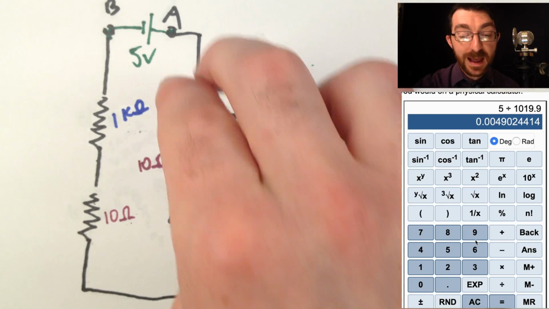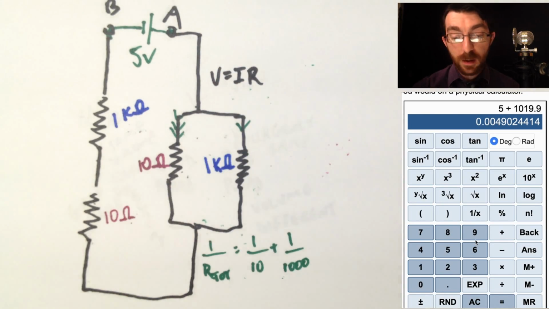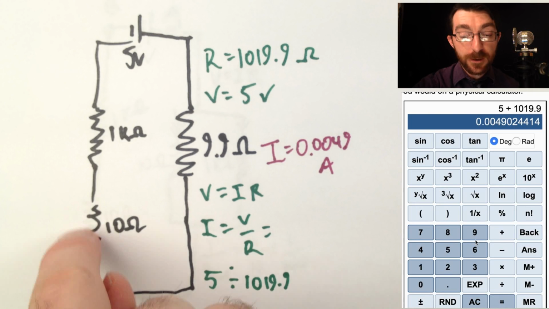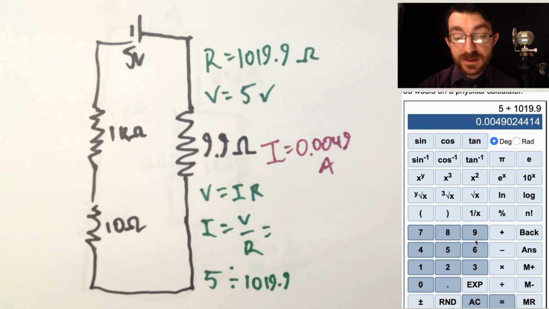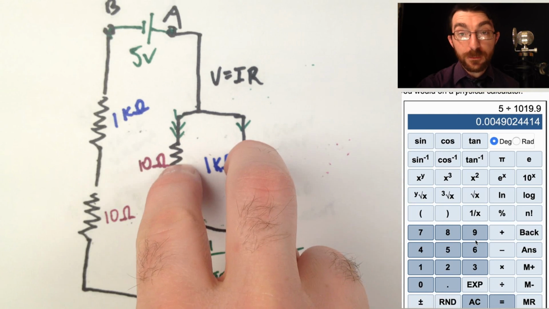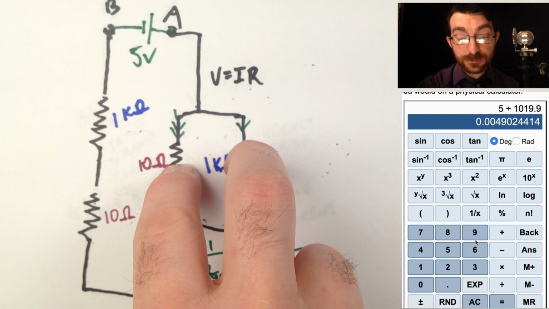That amount of electricity had to go through these resistors, represented by this resistor, and then that amount of electricity also had to go through this resistor and that one, 0.0049 amps. Okay? But this 0.0049 amps didn't get shared evenly between these two resistors.